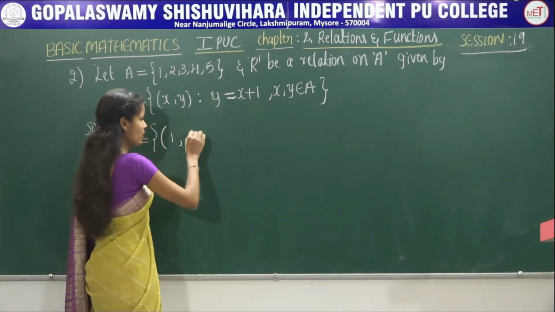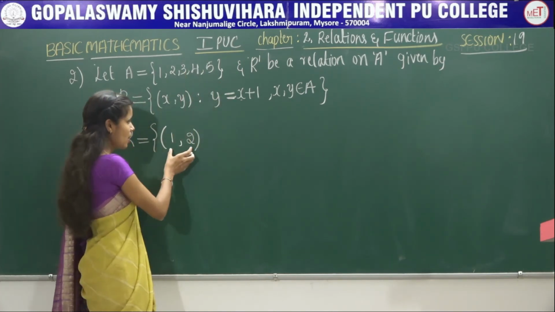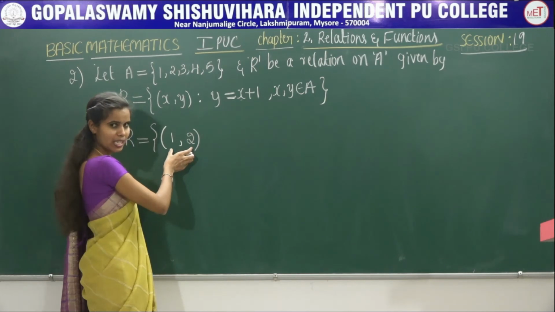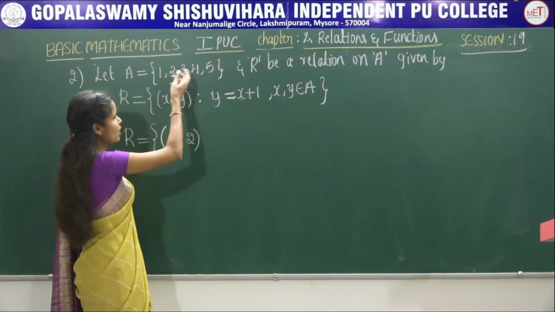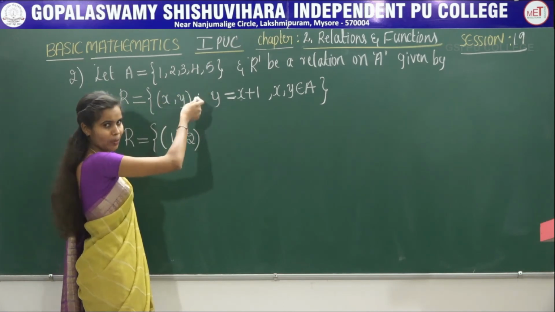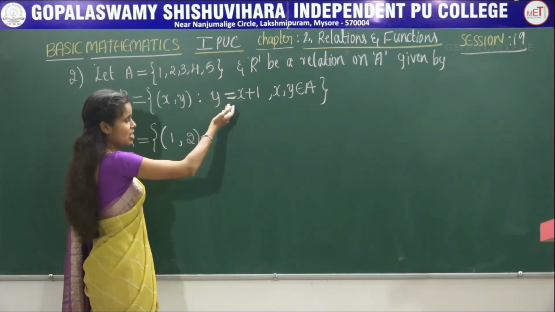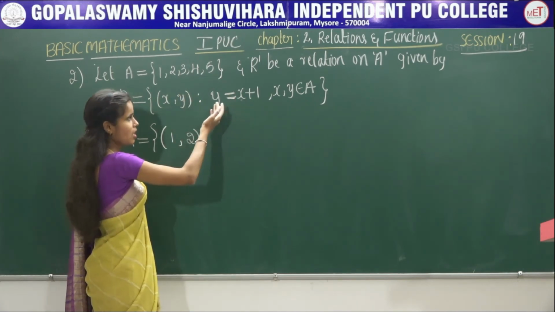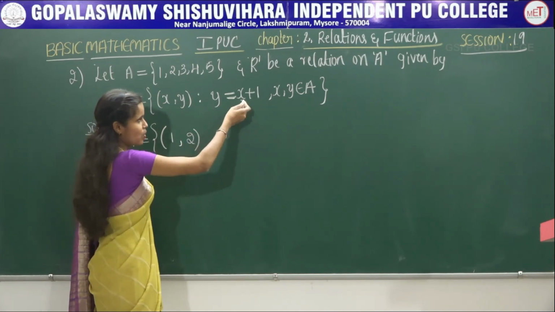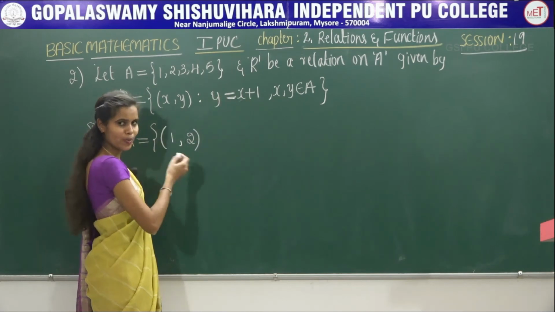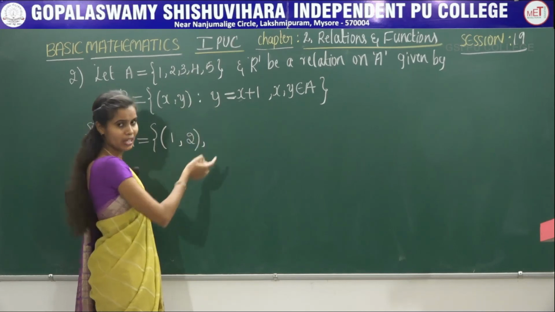If x is equal to 1, then y is equal to 2. Therefore, out of 25 ordered pairs, the ordered pair (1, 2) satisfies the given condition. If you want to verify directly, the first elements are (1, 1), (1, 2), (1, 3) and so on, and we have a total of 25 elements. So we directly substitute values for x and find the values for y. (1, 2) satisfies the condition out of 25 elements.